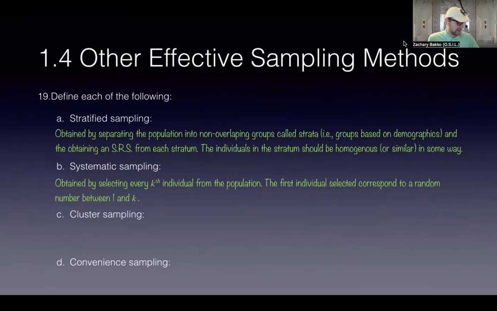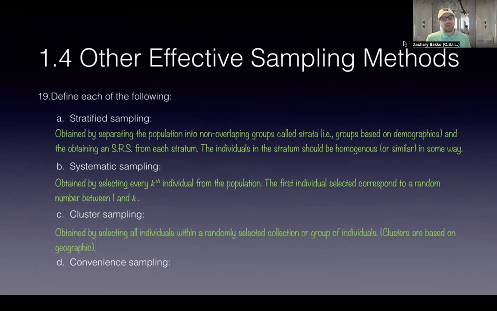Cluster sampling is obtained by selecting all individuals within a randomly selected collection of groups of individuals. Clusters are based on geographics. Myself, all students usually get confused on the difference between stratified and cluster, which is fine. The similarity is we have a population and we're dividing it into groups.